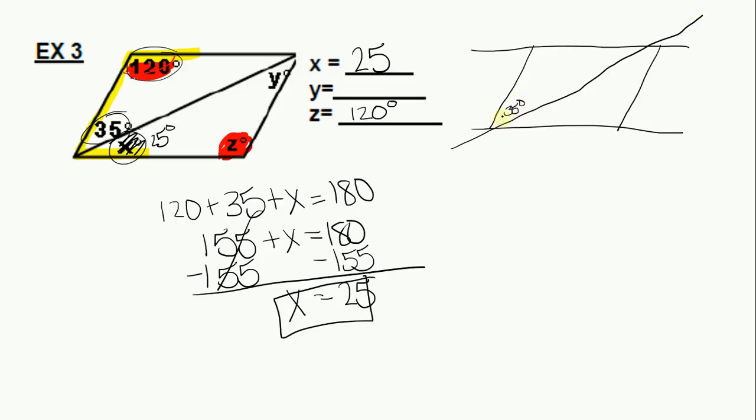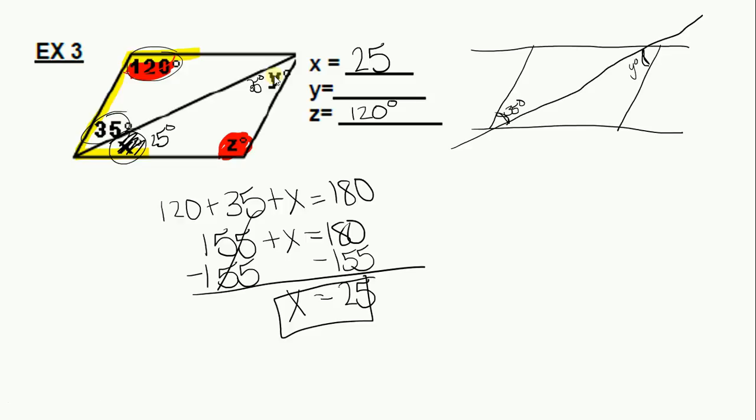Notice that would be an alternate interior angle. And remember, alternate interior angles were congruent. So if he's 35 degrees, his pair over here, aka Y, has to also be 35 degrees. So don't forget about the ability to use your angle pairs as well. So I'll have 35 degrees for Y.